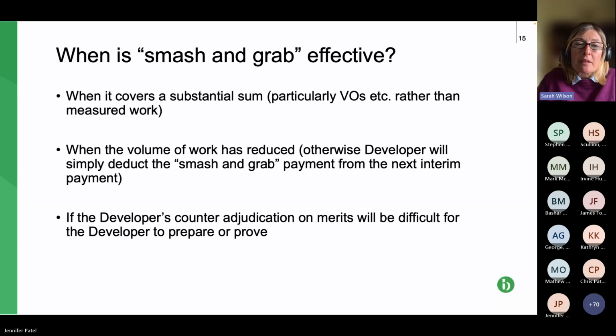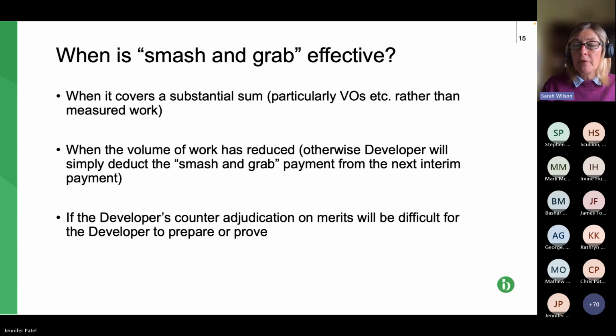So where it comes into its own is usually towards the end of the project, and typically where there might be a few disputed CEs or CEs that are agreed, but where the quantum and the time hasn't been agreed, or variations and EOT loss and expense in JCT.